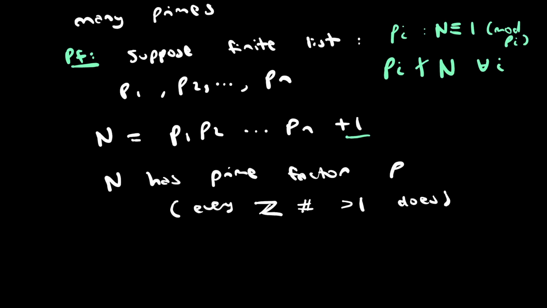So this case with the plus 1 at the end for this n produces a contradiction. So therefore, there must be infinitely many primes.